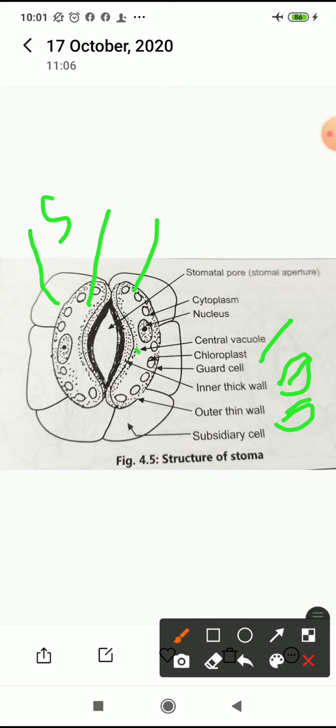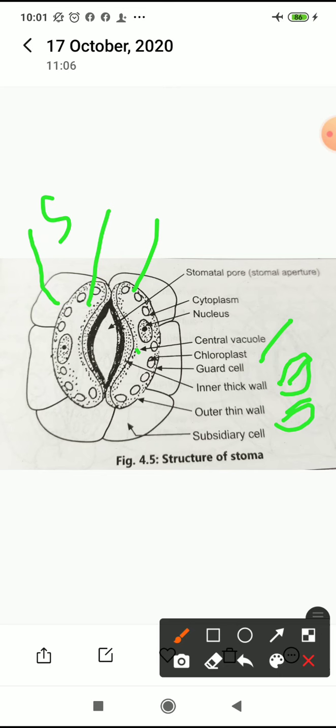So guard cells contain chloroplasts, and chloroplasts during the day synthesize starch, so we can say starch-containing chloroplasts are present in the daytime in the guard cells.